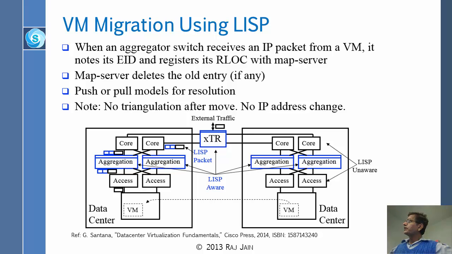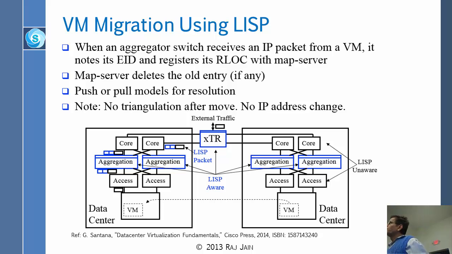Basically, what you can do is you can have two data centers, and they could use the same kind of ID space, and then you could have a LISP aware router which talks to the aggregation switches, and these act as the exit, and this acts as the entry here on this side.